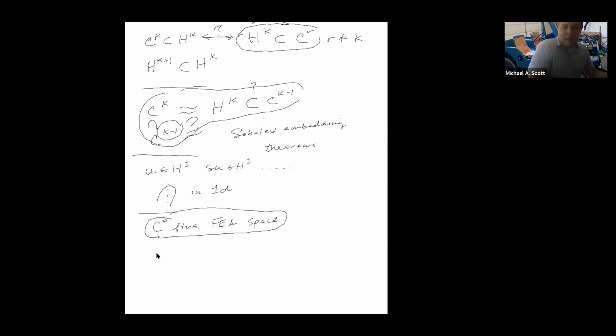Okay, and so the Sobolev embedding theorem says: if omega is an open set in R^n, and s is greater than n over 2 plus k, where k is really the floor, then H^s is in C^k_B, where B just means bounded.